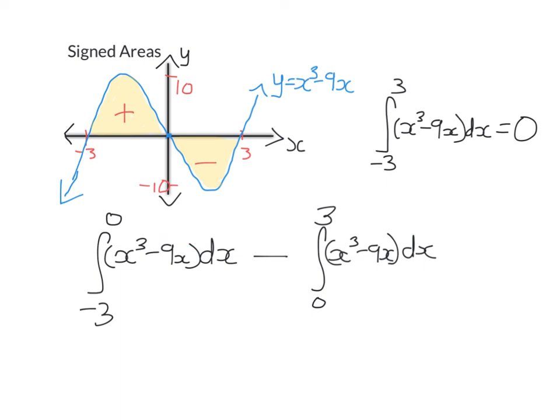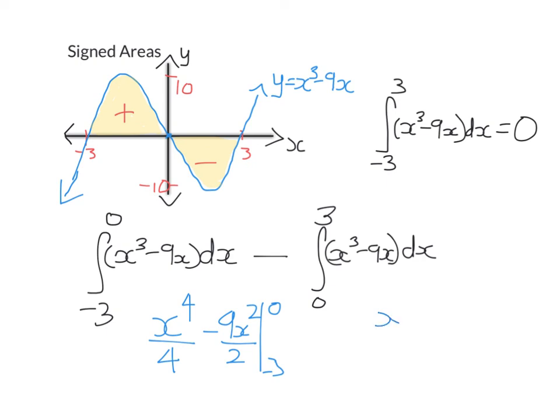So to integrate this, we use the same rules we have been doing for integration for a while. Increase the power by 1, divide by the new power. Increase the power by 1 and divide by the new power. So I'm going to evaluate this between -3 and 0. And then this one here will be the same.